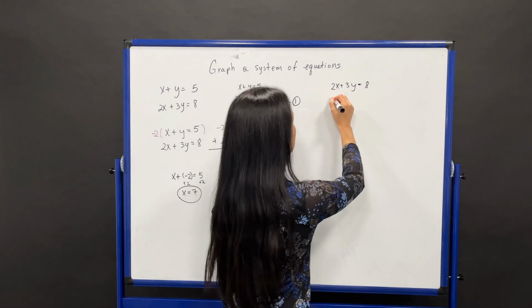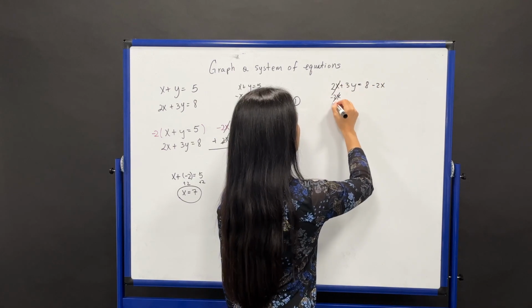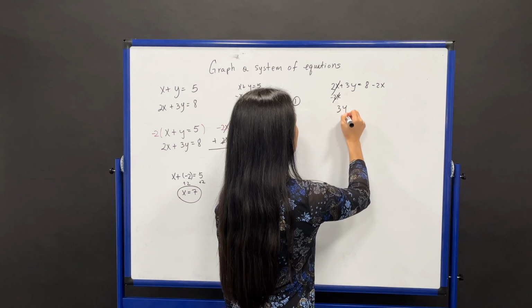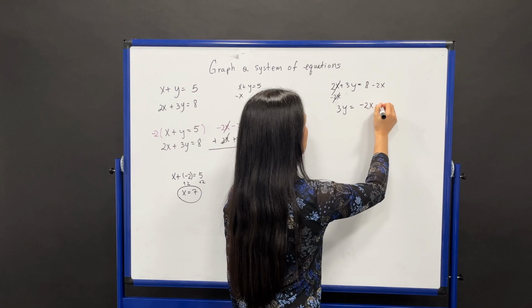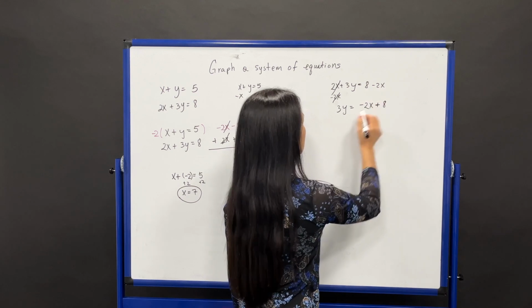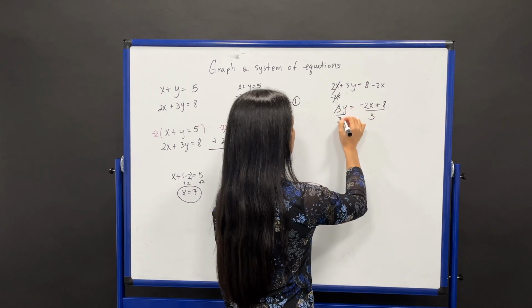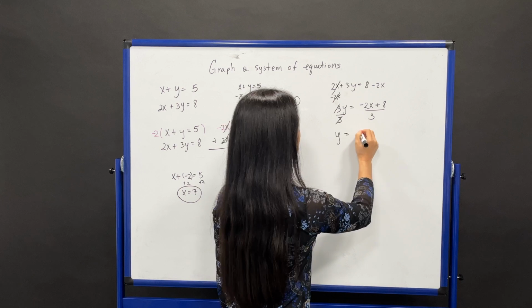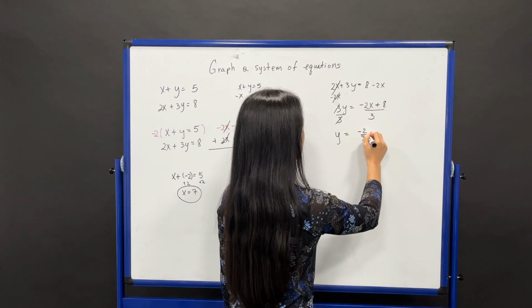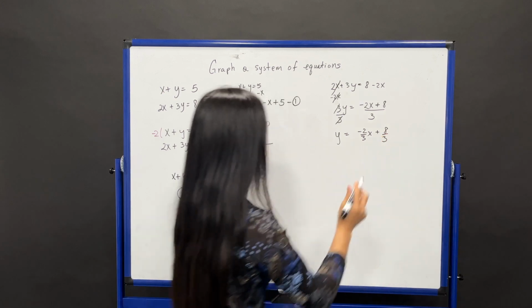I'm going to subtract 2x on both sides. So they cancel. We get 3y is equal to, I'm going to write the x first, -2x plus 8. And I'm going to isolate y by dividing by 3. That will cancel. And we get y is equal to -2/3 x plus 8/3.